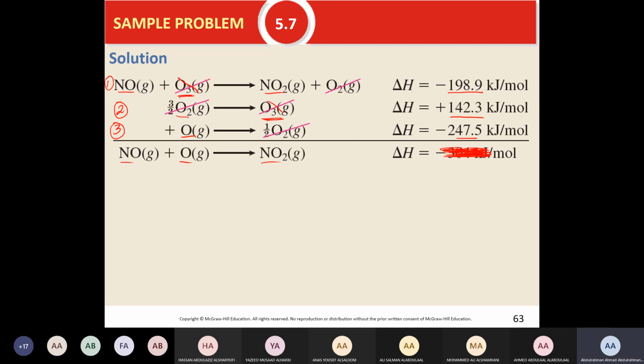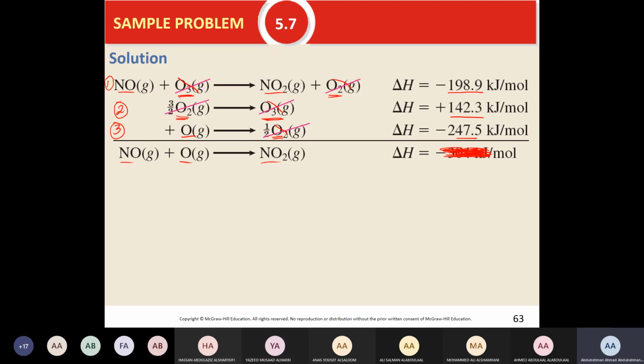Also, 3/2 O2 in the reactants will go with 1 O2 and half O2 in the products, total 3/2 O2, so they also cancel each other. What is left is only this reaction.